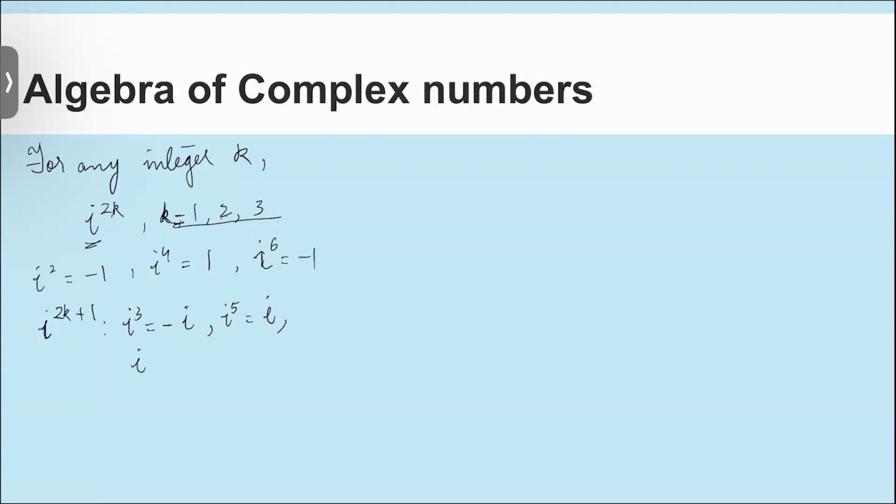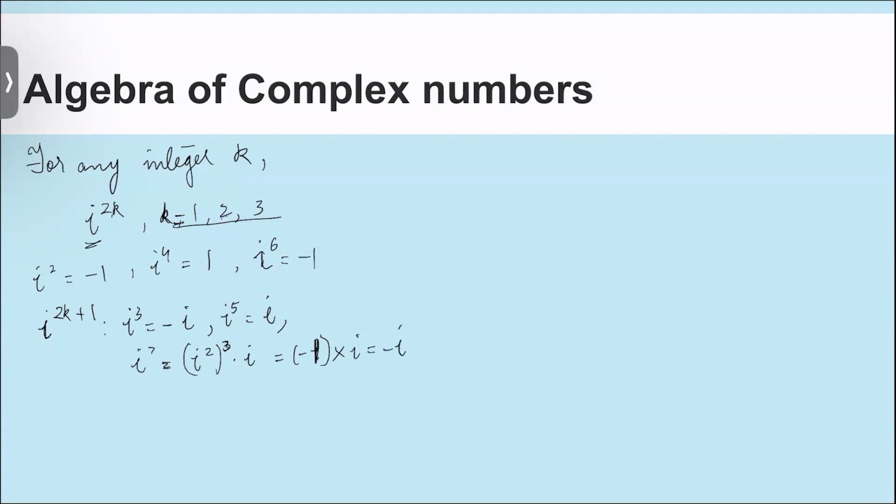So if you take 7 over here, if you expand it, what you will get is i squared cubed multiplied by i. If you simplify it, then what you get is -1 multiplied by i, so it is -i.